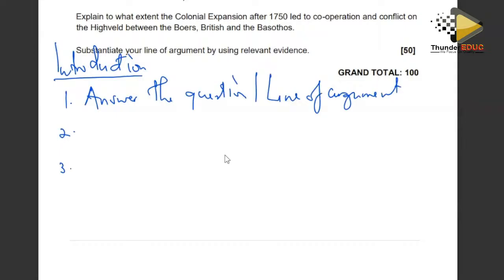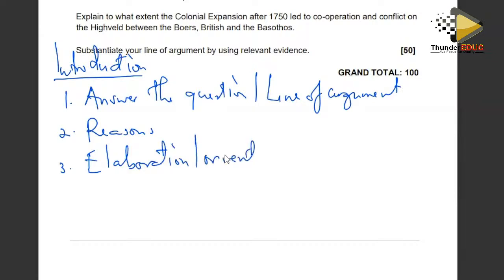Then number two, it must have reasons. And then number three, it must have an elaboration, or it must have orientation. Without those three, your introduction is not addressing and fulfilling the requirements of what we call a contextualized introduction in history presentation.